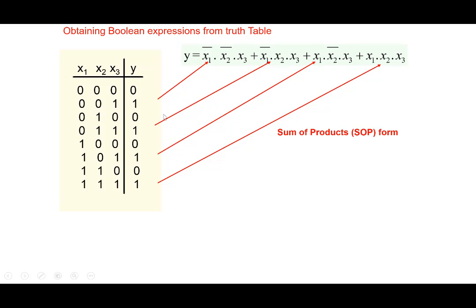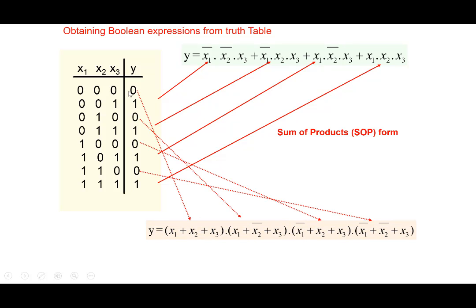Or you could write it in this particular form here. You could focus on zeros and write it like this. The first one is all zeros, so it's x1 plus x2 plus x3. The second one is 0 here, so it will be x1 plus x2 bar plus x3. This one would be x1 bar plus x2 plus x3.